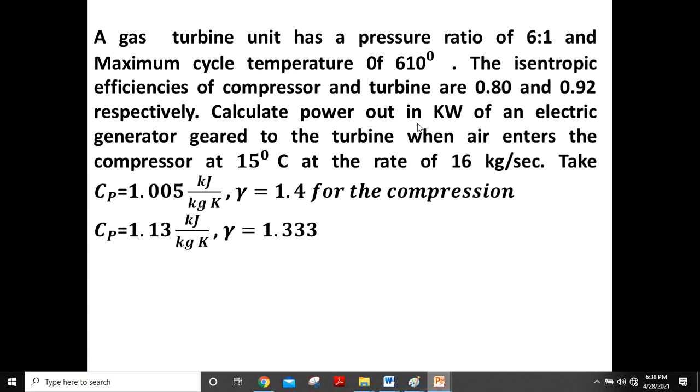Calculate the power output in kilowatts of an electric generator geared to the turbine when the air enters the compressor at 15 degrees Celsius at the rate of 16 kg per second. Take Cp is equal to 1.005 for compression and 1.14 for expansion, and 1.13 kilojoules per kg Kelvin, gamma is equal to 1.33 for expansion.